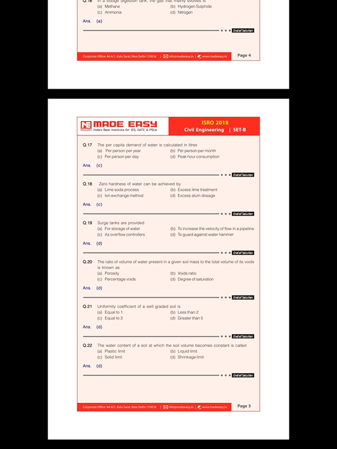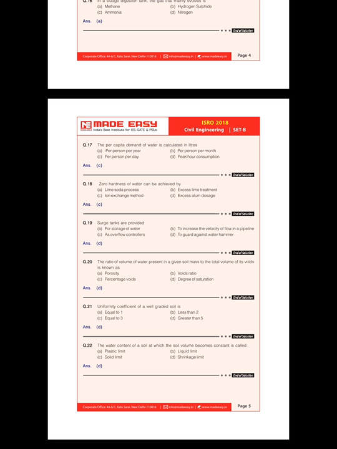Hardness is the property of water due to which it does not produce soap foam. Therefore, to remove the calcium and magnesium hardness, the process involved is the ion exchange method.